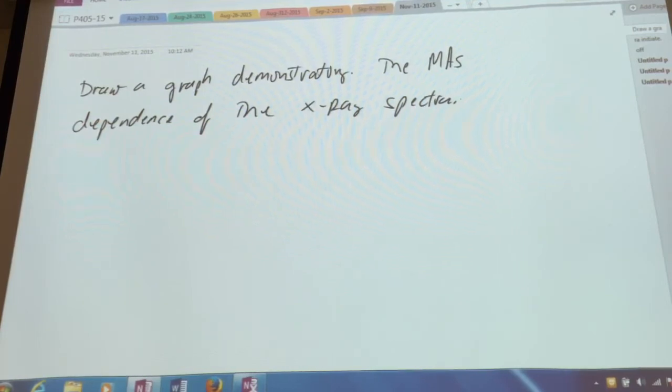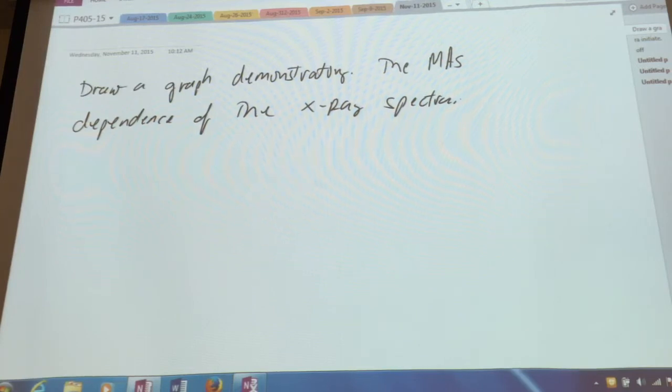So, if we're just changing the number of electrons hitting the target, what are we not changing? I think we're not changing the KVP, or the energy of these electrons. We're not changing the target.